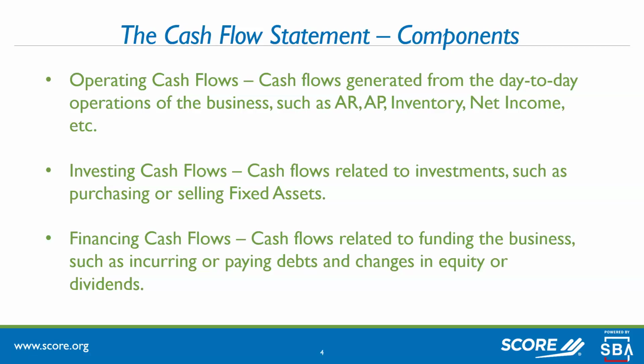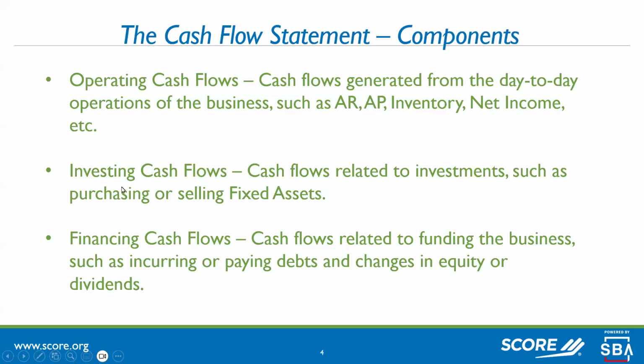These are the key items that you're going to be able to control when managing your cash flows. And we'll talk about that a bit more later on. But these are items such as changes in your accounts receivable, your accounts payable, inventory, net income, and things like that. So that's going to be the first section.